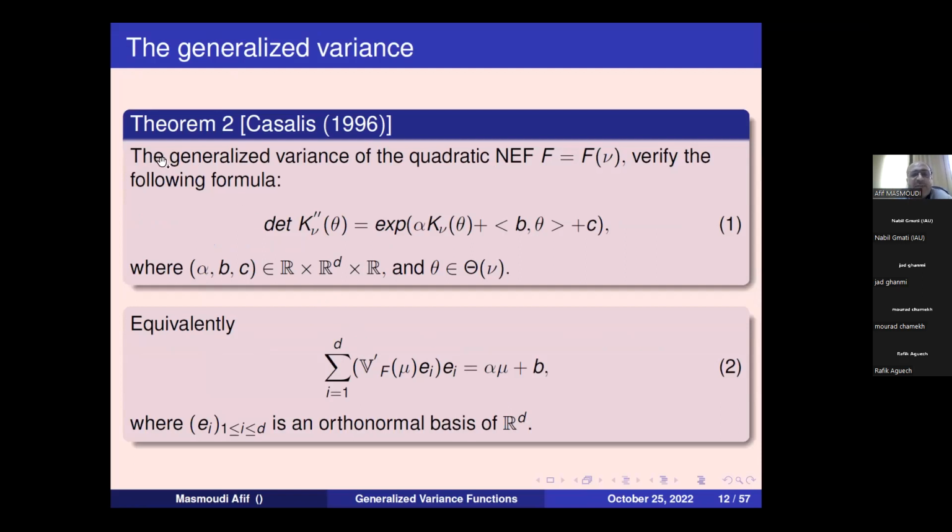So here, if F is a quadratic natural exponential family on RD, then the generalized variance verifies the following formula, the formula given by 1.